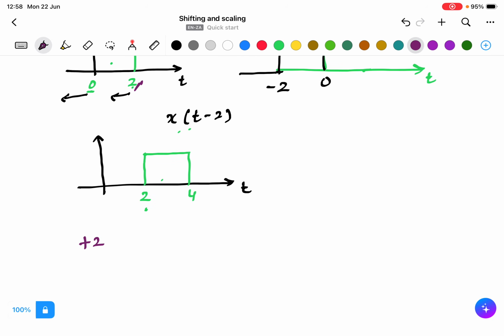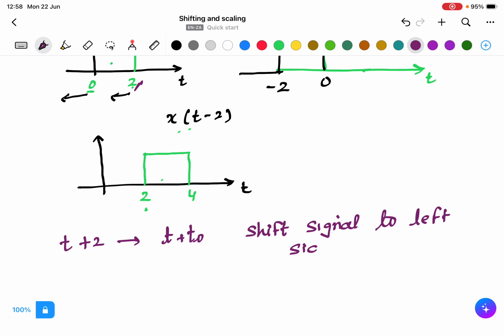So plus 2, or any value, t+t0, means shift the signal to the left side, or you can say left shifting.